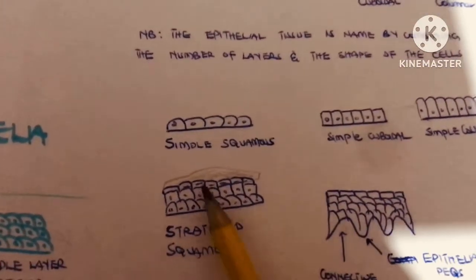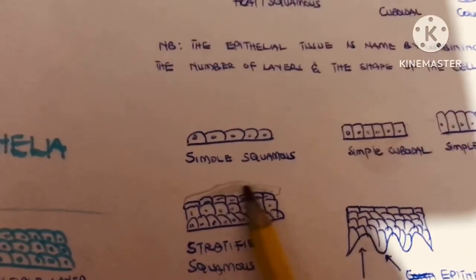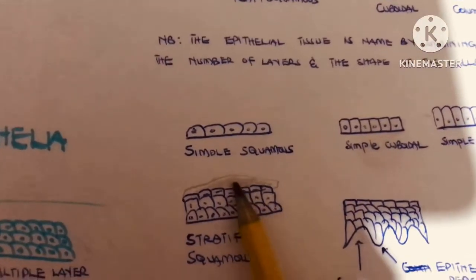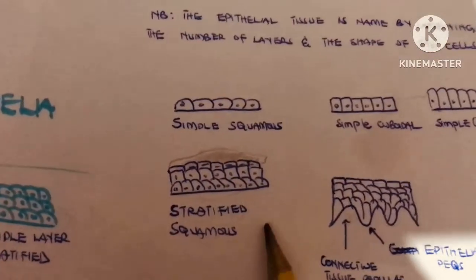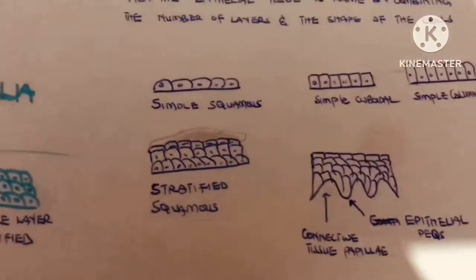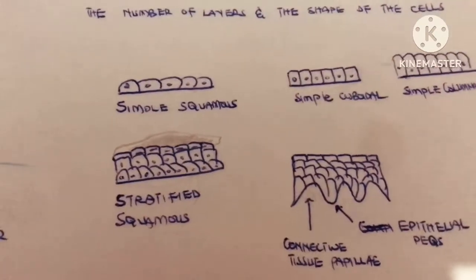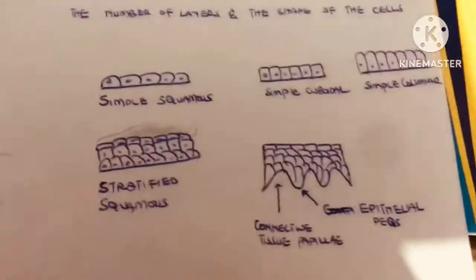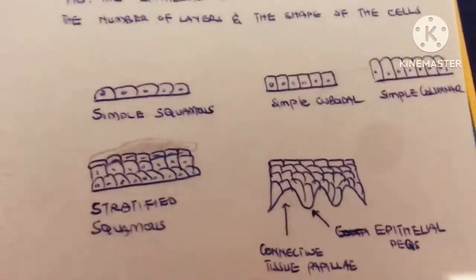You can see that place becomes pinkish, and that means these cells are keratinized, and that epithelial tissue becomes stratified squamous keratinized. Sometimes they don't have this keratinization. You understand? And this keratinization is exclusively for stratified squamous. So stratified squamous can either be keratinized or non-keratinized.